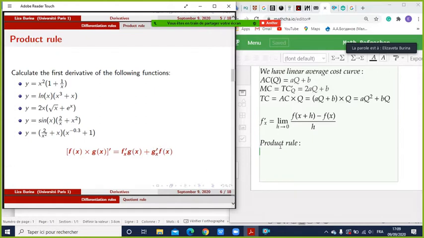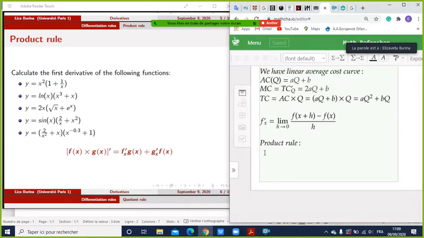So let's take a simple example here. 5x to the power of 5 times 3x minus 7. Let's call it f of x. And now let's find the derivative of f of x. Here I want us to follow the product rule.